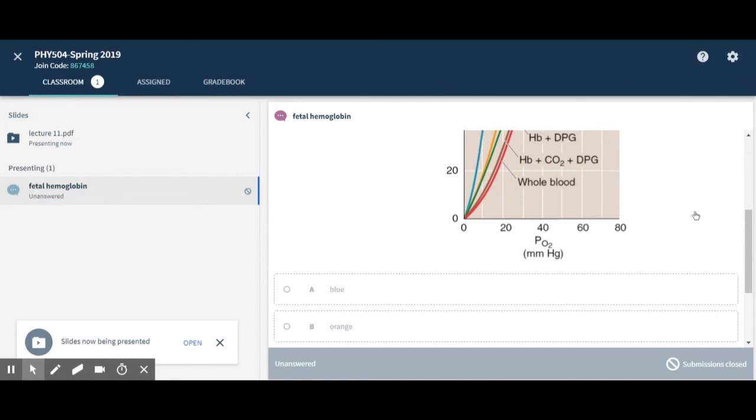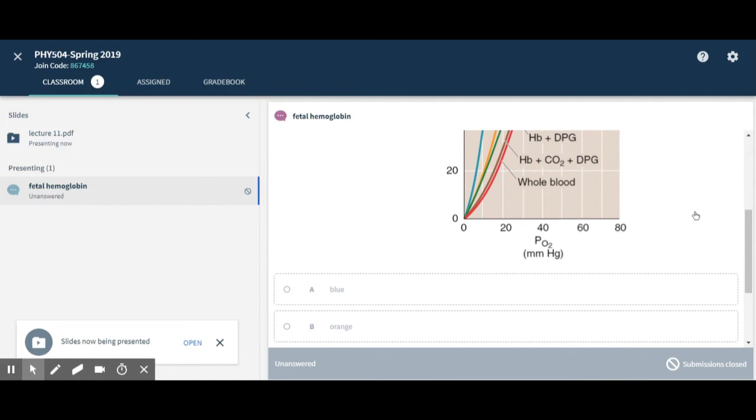Your fetal hemoglobin is going to show more like an orange curve because there isn't really a difference in stripped HbF or HbA, but the difference is that 2,3-DPG binds less avidly with fetal hemoglobin than it does with ours, because it binds to that beta chain in ours. It doesn't bind as well in between the gamma chains that you find in fetal hemoglobin.